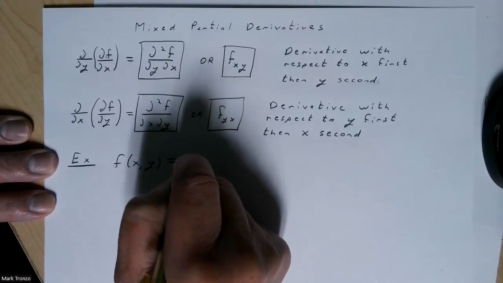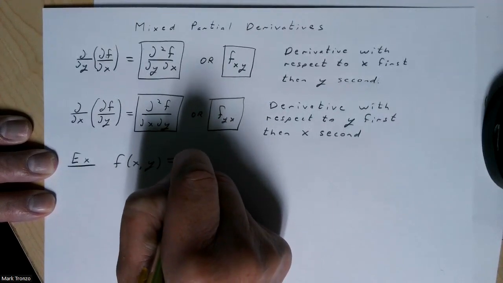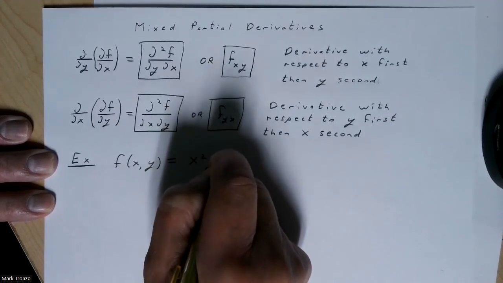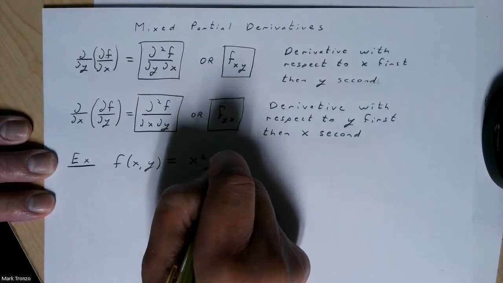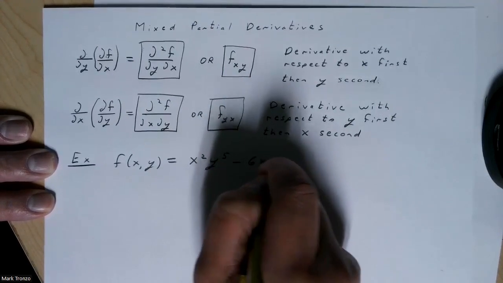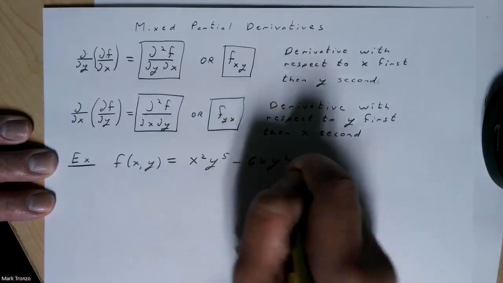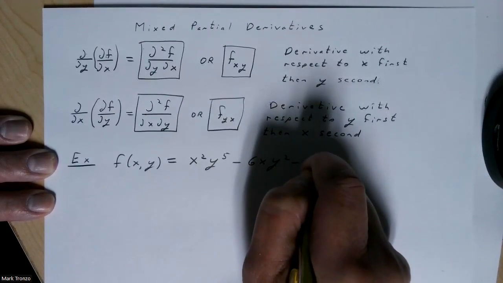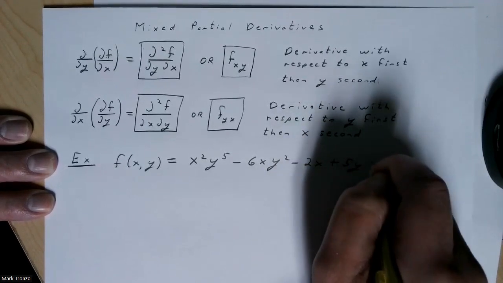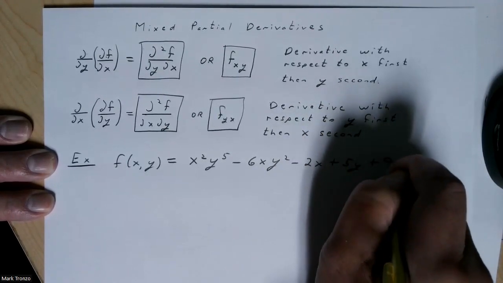And let's say this is going to be x squared y to the 5th minus 6y squared minus 2x plus 5y plus 9.